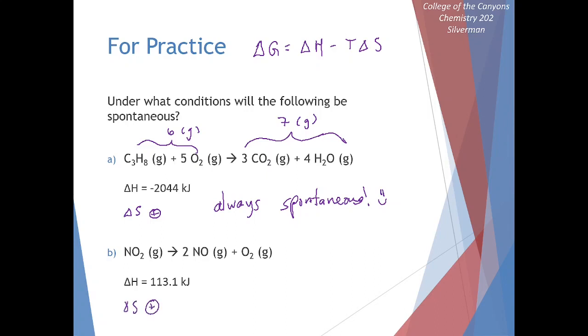Now we have a positive value for delta H and a positive value for delta S. Endothermic reactions are not helping us to be spontaneous, but this increase in entropy is helping us to be spontaneous. Our second term will outweigh the first term when we have high temperatures. Positive H, positive S means that we need a large temperature.